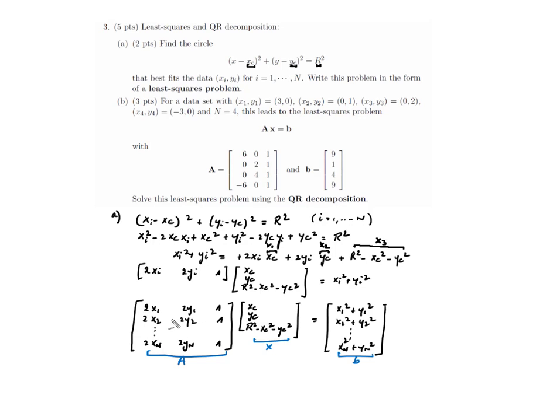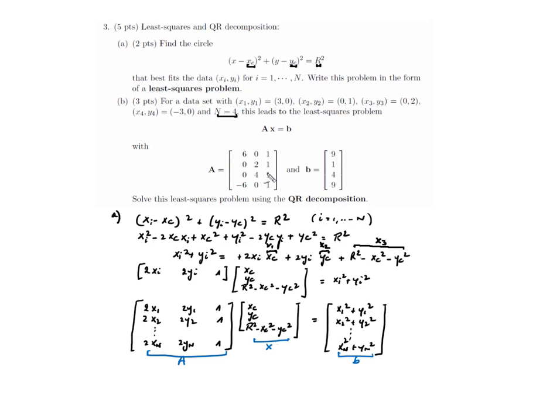Now we can have a look if this is okay if we have n is equal to 4 with this input data. So let us look at the first row over here. So we have to take 2x1, x1 is 3, so this is 6, to y1, y1 is 0, so this is a 0.